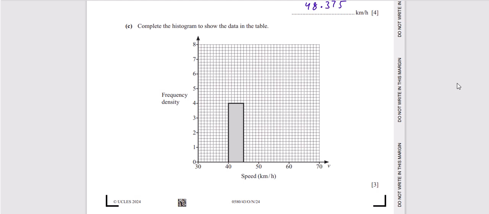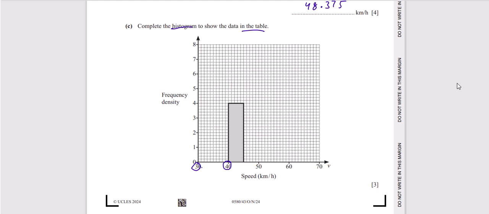Part C. Complete the histogram to show the data in the table. The first interval is 30 to 40.